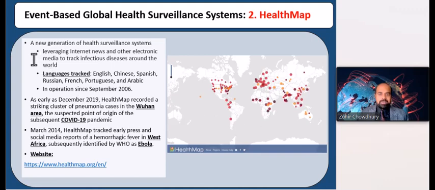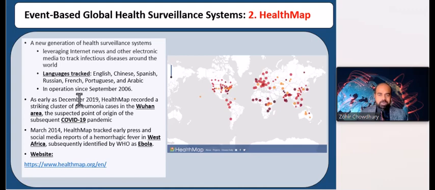But in this system, which is known as HealthMap, you can get the information in multiple languages: English, Chinese, Spanish, Russian, French, Portuguese, and Arabic. It has been in operation since 2006, and this system has been very, very successful in detecting COVID-19 well ahead of any other system.